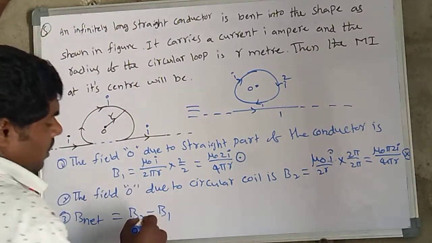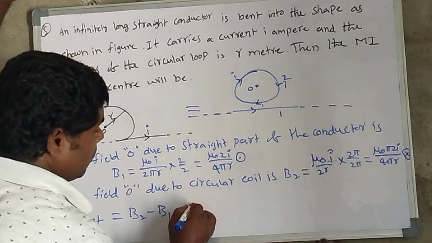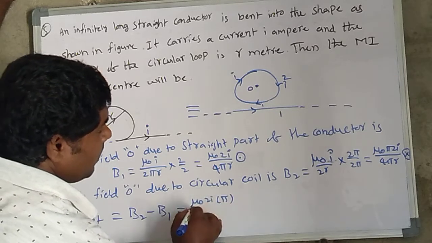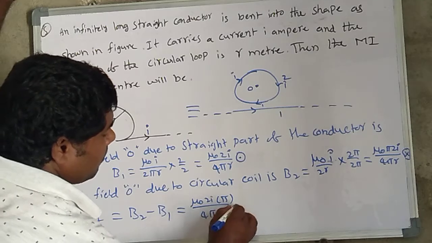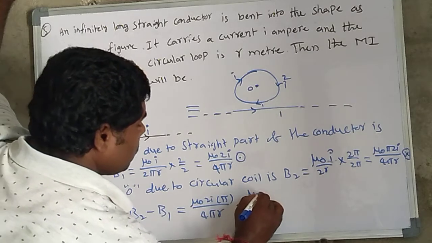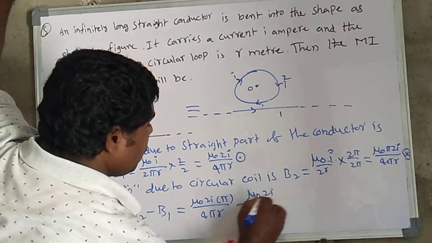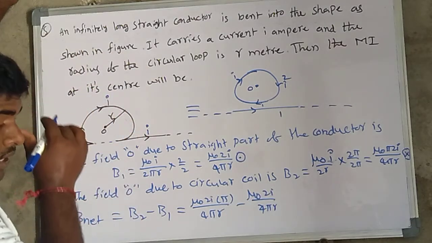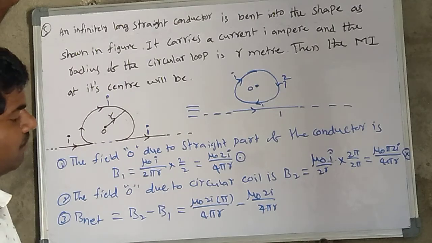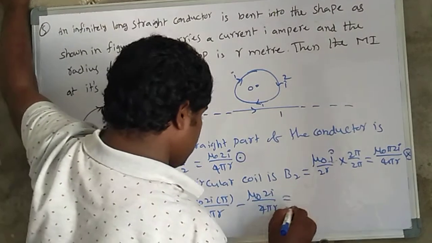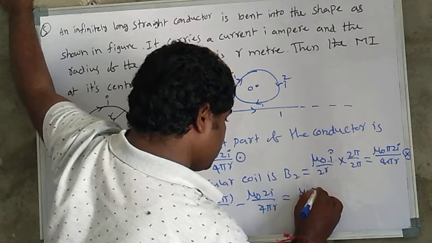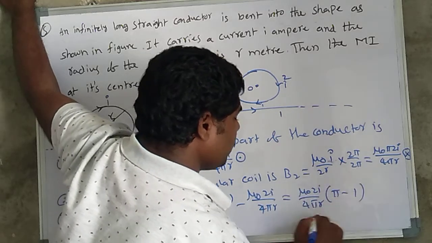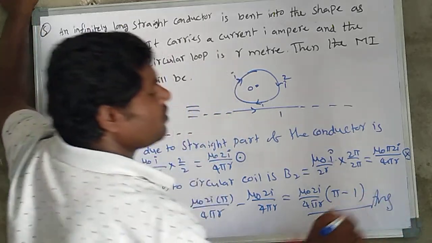So here is equal to mu naught 2I into pi divided by 4 pi r minus mu naught into 2I divided by 4 pi r. Here you may take out common mu naught 2I by 4 pi r. Finally mu naught 2I by 4 pi r, pi minus 1 you will get. This is the answer to the question.